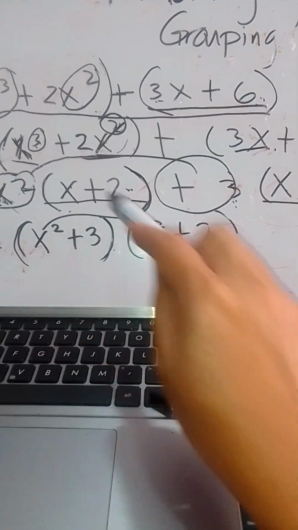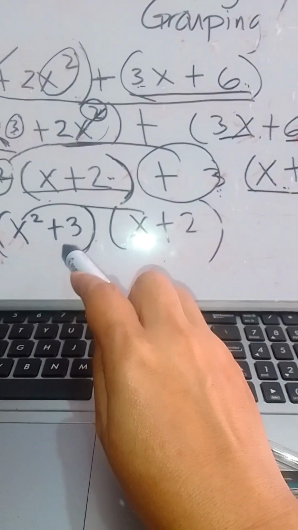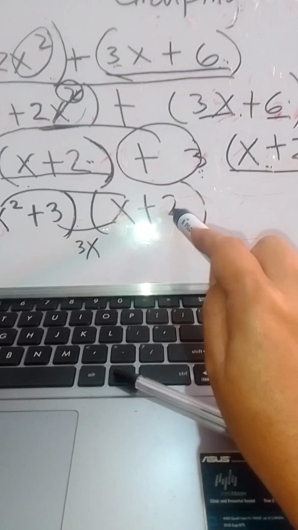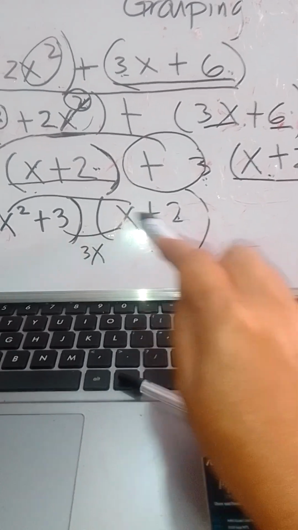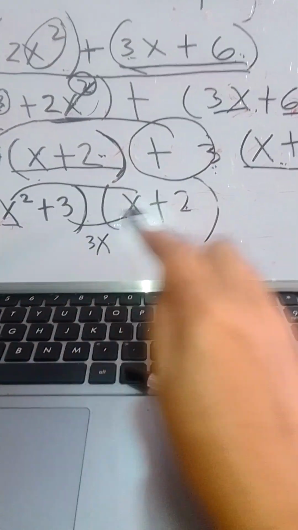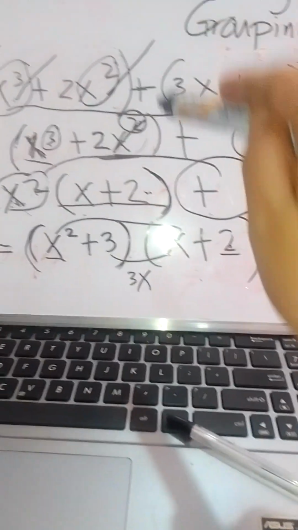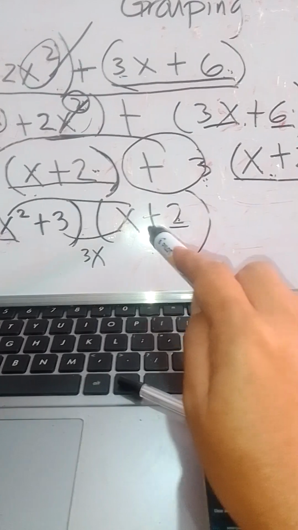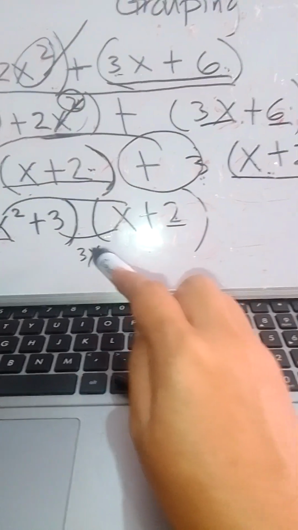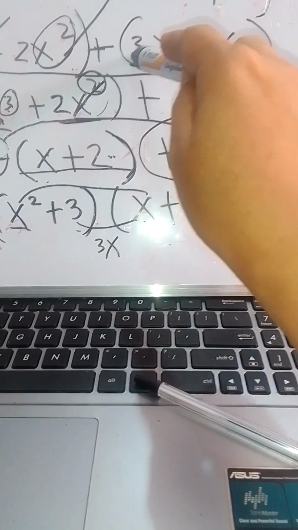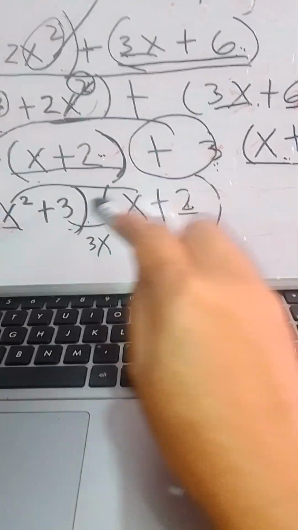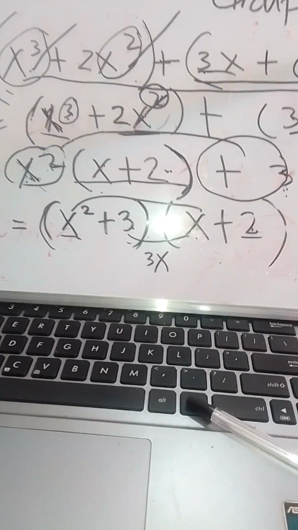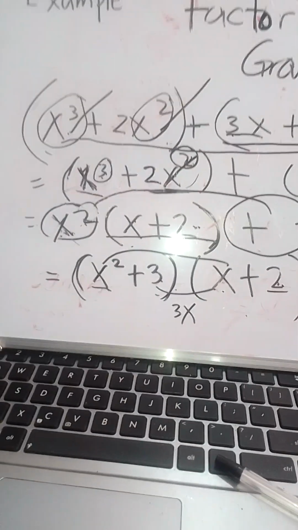So x squared times x is x cubed, and then 3 times x is 3x, 2 times x squared is 2x squared, and then there's a 3x here, then 2 times 3 is 6. So as you can see, when you reverse this, it will go back to the original equation.